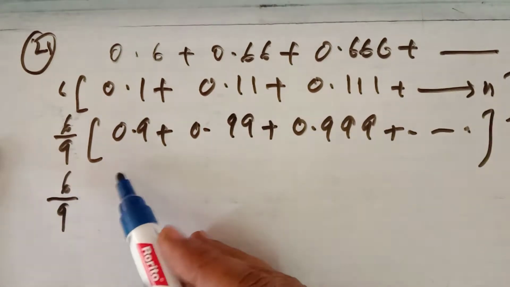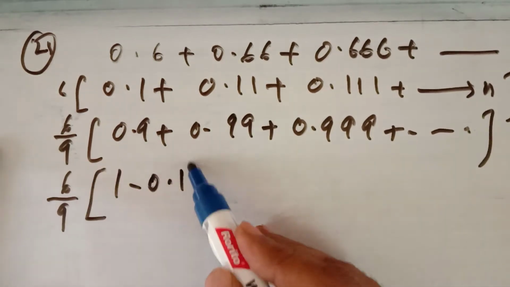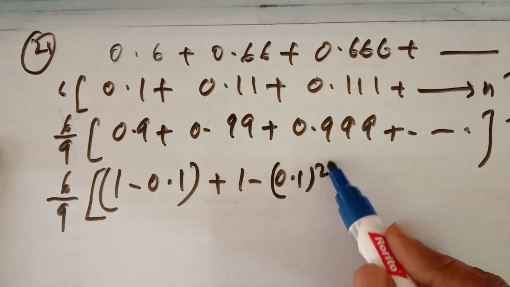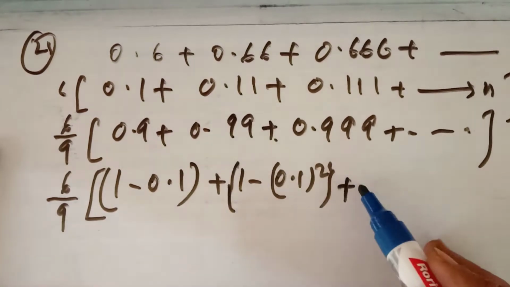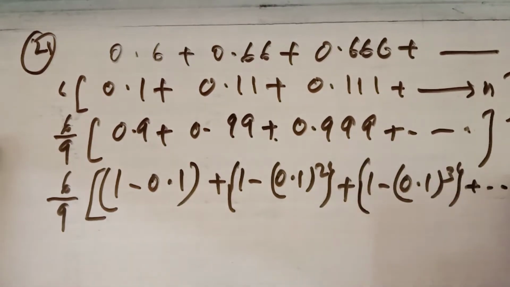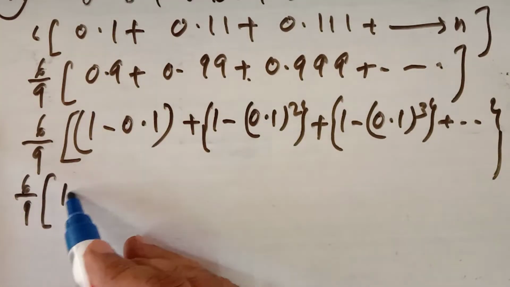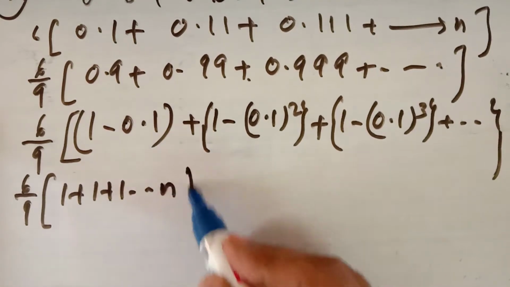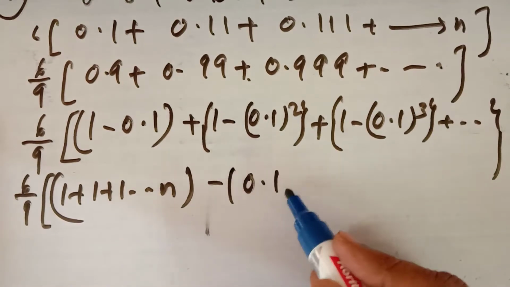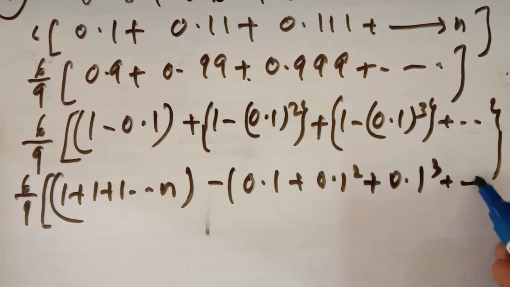Then it will be a GP up to n terms, or you can write it like this: 1 minus 0.1, 1 minus (0.1) square, and 1 minus (0.1) whole cube. If you do it, you get two series. The first series consists of 1 up to n times, and in the next you take minus common: 0.1 plus (0.1) square plus (0.1) cube up to n terms.